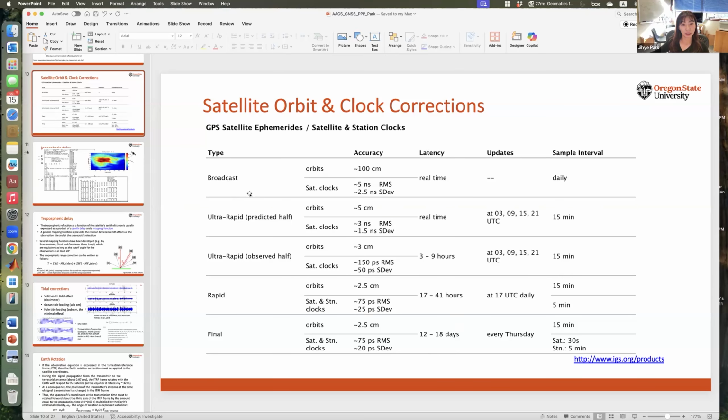So for the real-time application, if you want to achieve this high accuracy solution, maybe the broadcast is not the option, because you see this accuracy of the orbit is 100 centimeter, which is pretty significant for this high accuracy solution. The satellite clock offset is like 5 nanosecond.